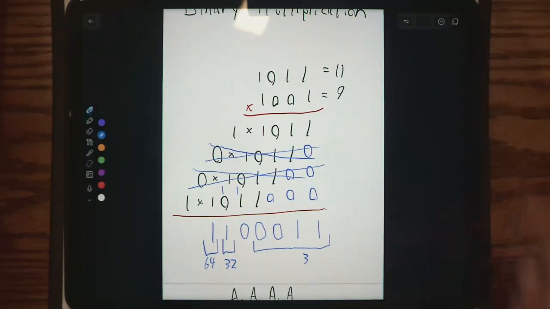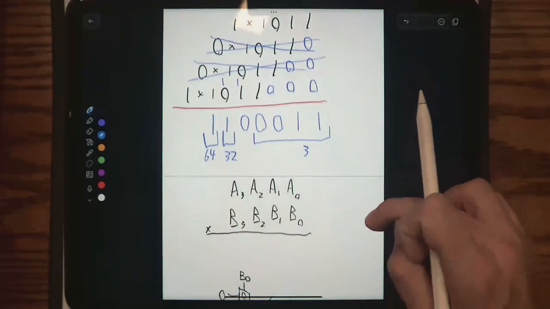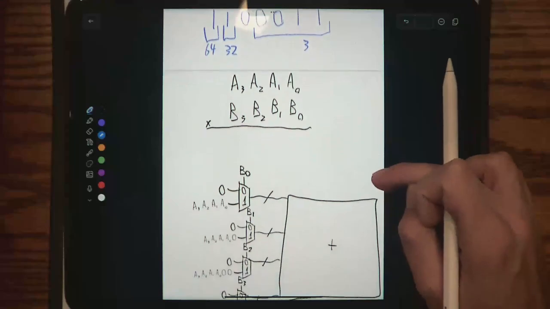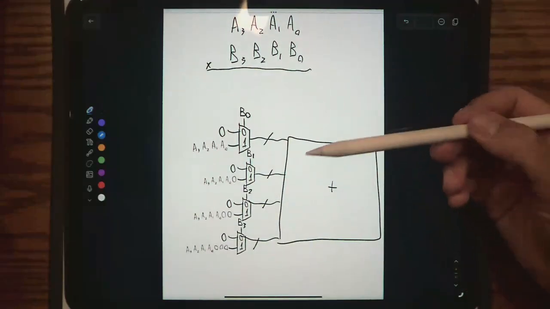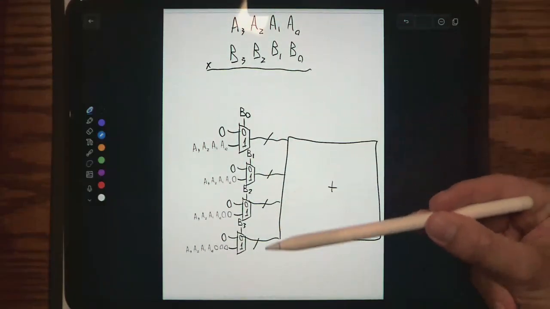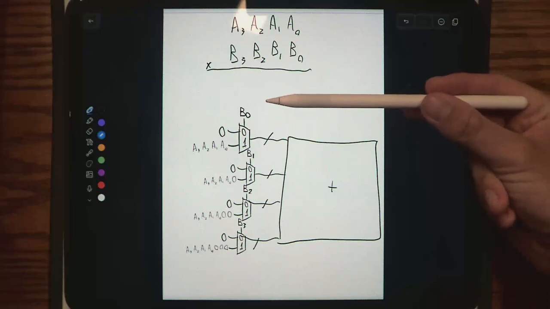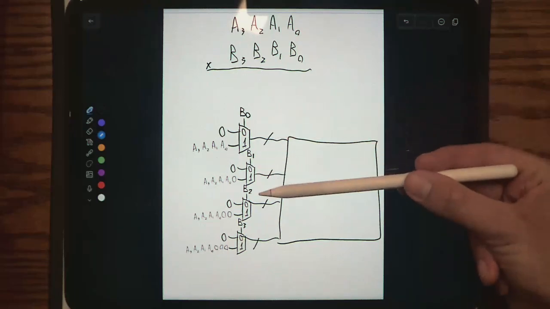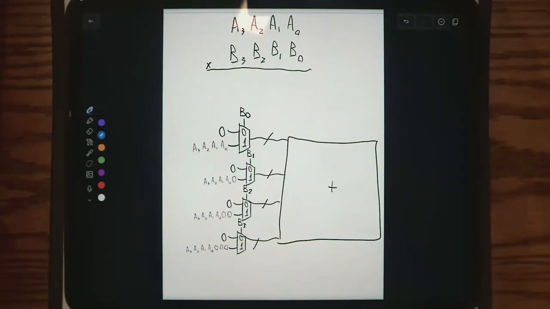What we could now imagine is a circuit where for every place we have this B, and it's either B0, B1, B2, B3, all the way up to B of n, and we have all these muxes.